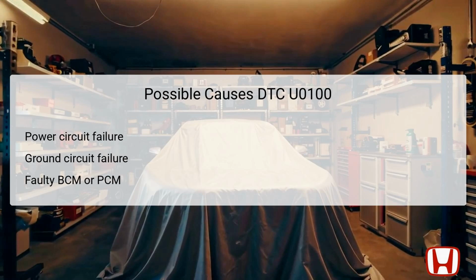Similarly, a ground circuit failure can inhibit the PCM's ability to properly communicate, as ground availability is critical for module operations. Furthermore, a faulty BCM or PCM can directly cause communication issues. Malfunctioning internal components can disrupt normal data transmission.